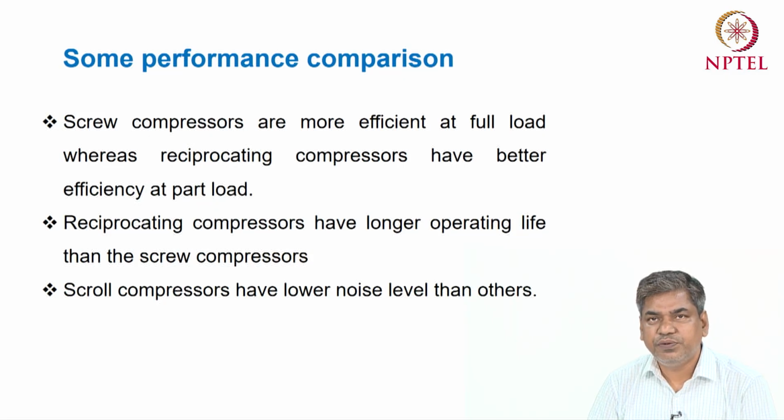So the first point is the screw compressors are more efficient at full load, whereas the reciprocating compressor has better efficiency at part load. And second point, the reciprocating compressor has a longer operating life as compared to the screw compressor, and the screw compressor has a lower noise level than the others.